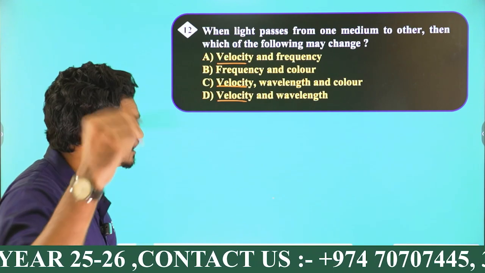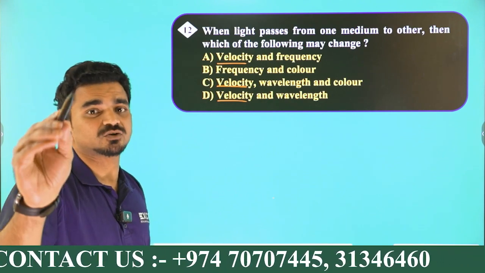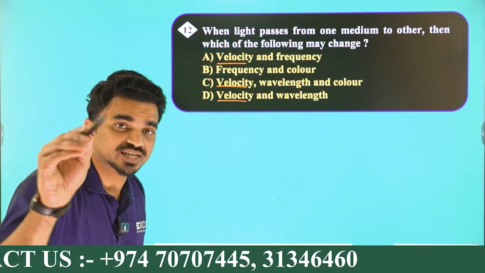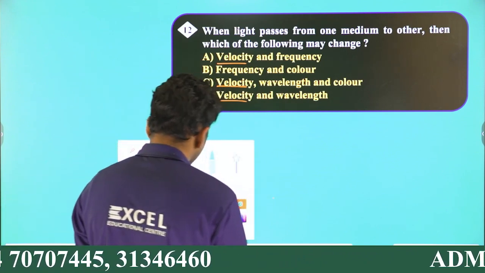But you can think like this. I will teach you which ones do not change. Frequency and color of light won't change. So remember that point. You can keep it in a box.